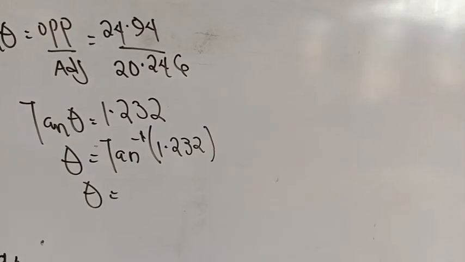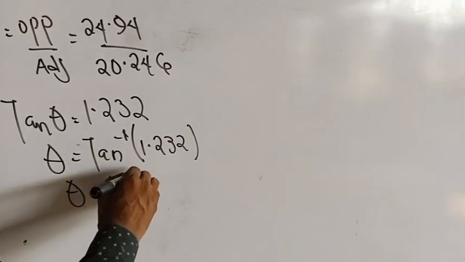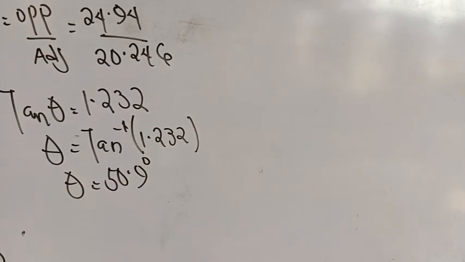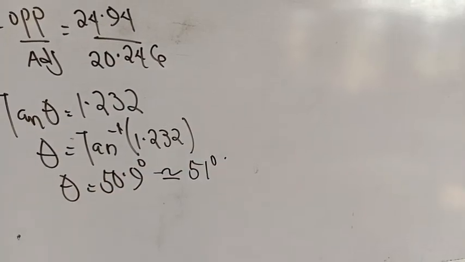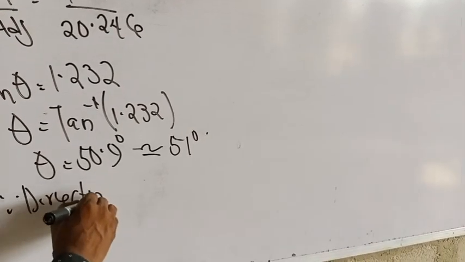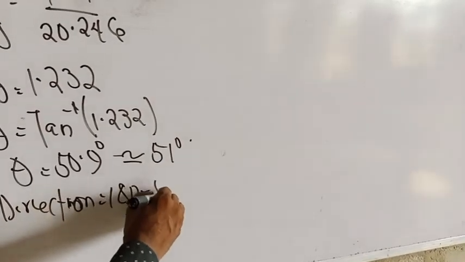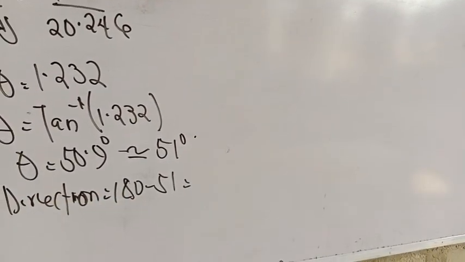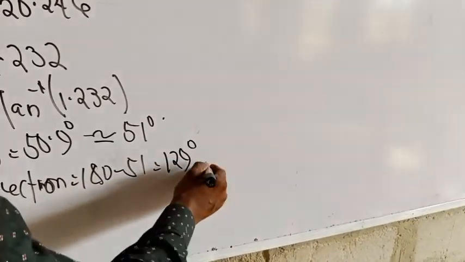Theta will give us 50.9 degrees, which is approximately 51 degrees. Therefore, the direction is now 180 minus 51, which is 129 degrees.